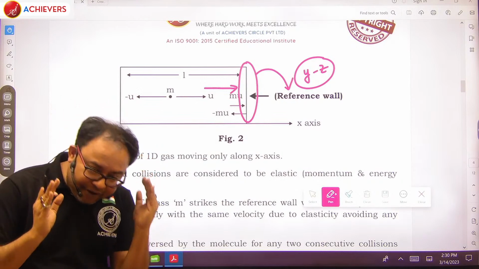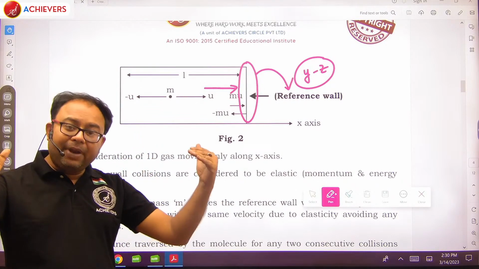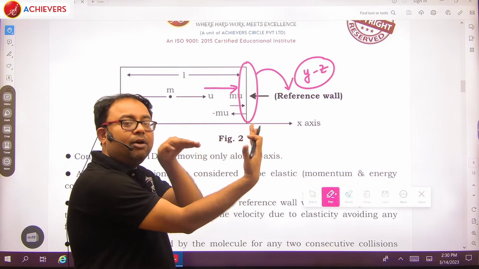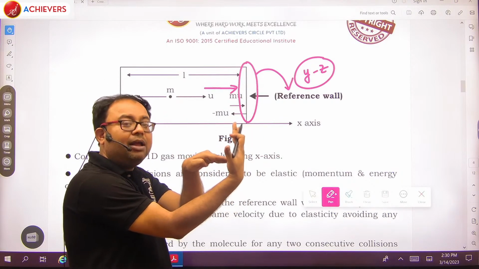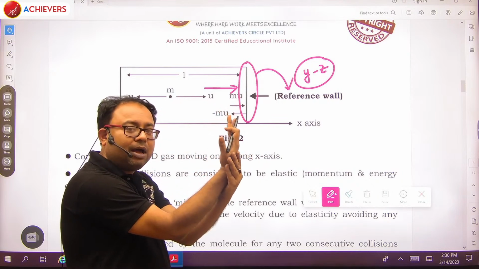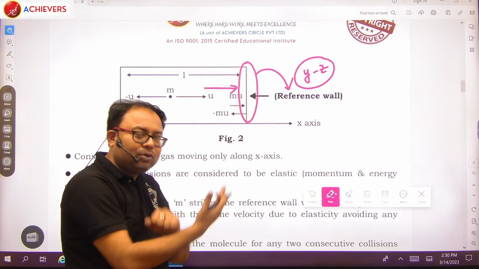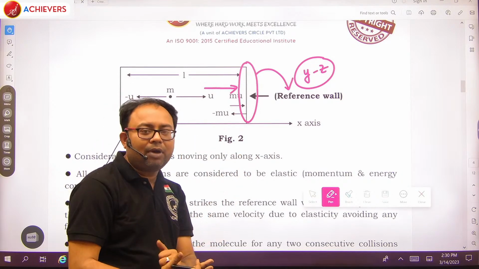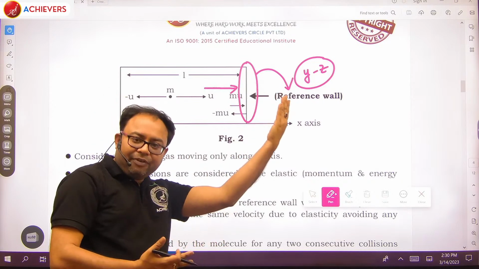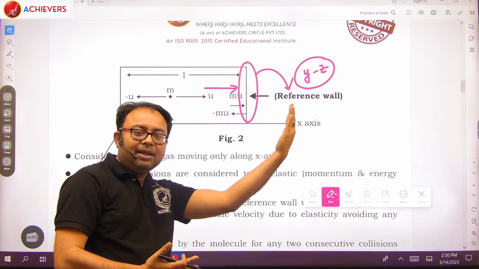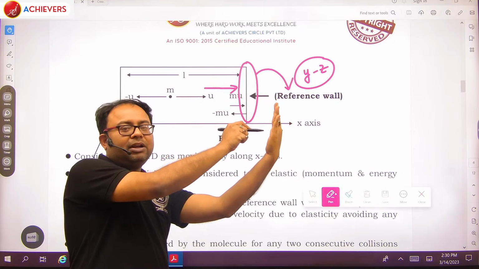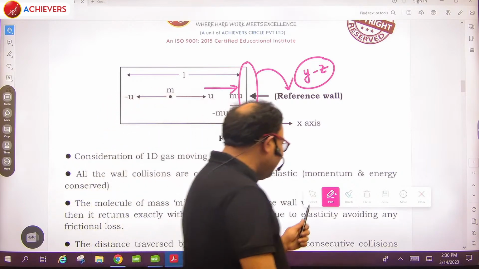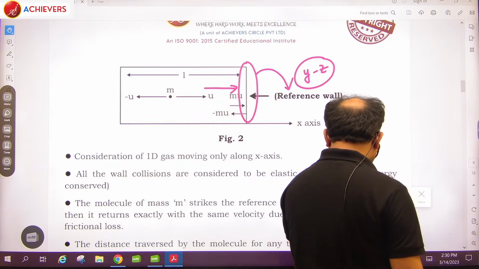By definition, pressure is force acting on the reference wall per unit area in a direction perpendicular to the wall.